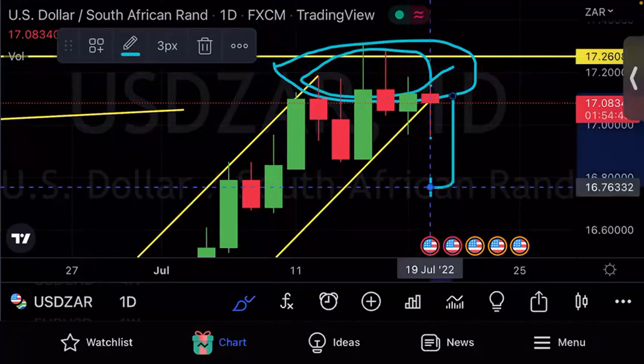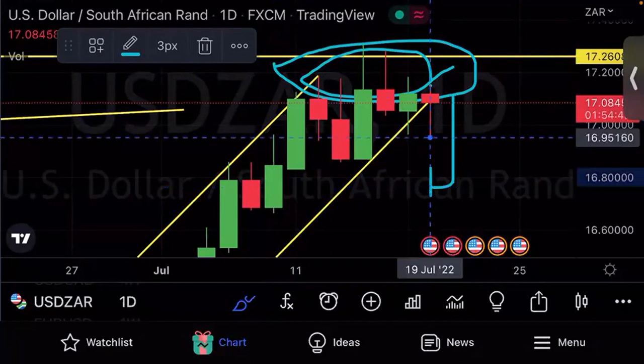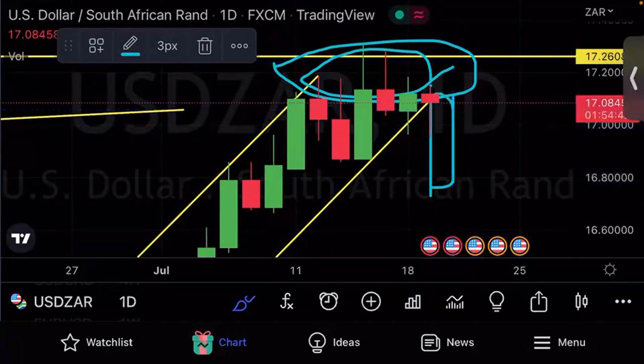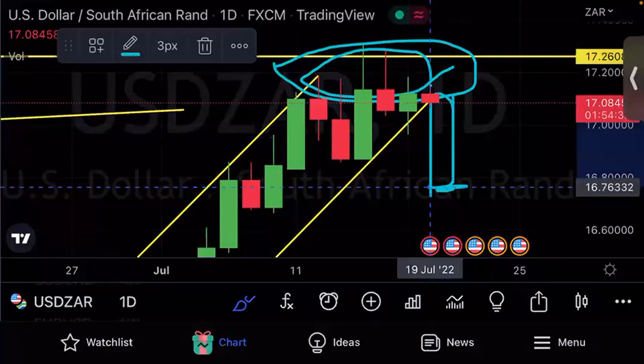We're on the daily. At least I want to see a big red candle forming, closing, price closing here. Then I know, okay, now those guys who move price are in.